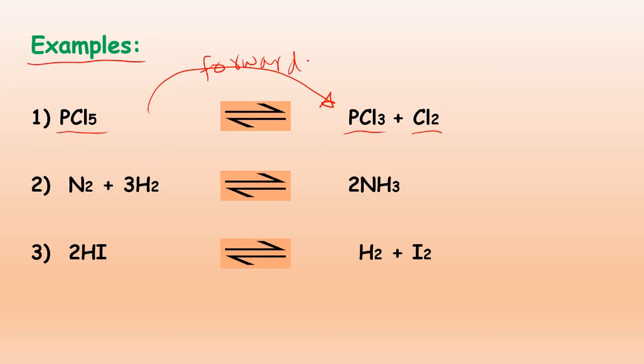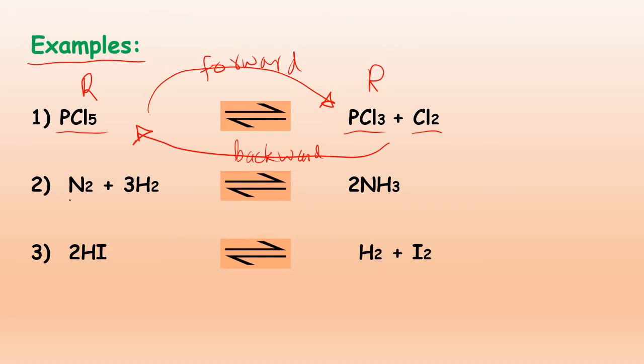This is the reactant side and this is the product side. What will happen when they both combine? Then they can form phosphorus pentachloride. So this will be the backward reaction. Right? So this is the forward and backward reaction.